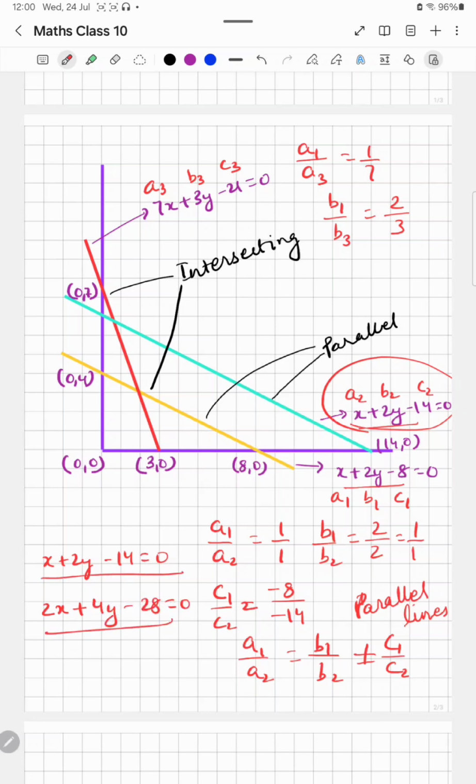So although these seem to be two different linear equations, because the ratios are the same, if you try to plot it on the xy axis, the line would be the same. So the line for this equation and the line for this equation would be this same green line.